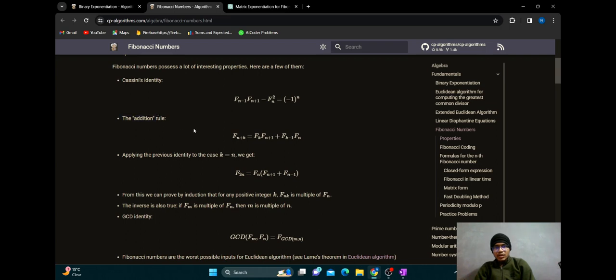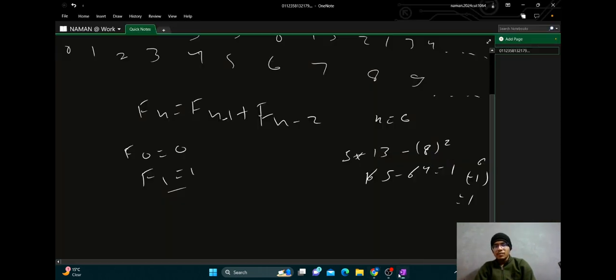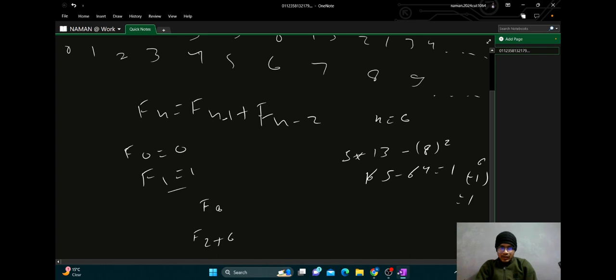Second is the addition rule. The addition rule states that f of n plus k equal to f of k times f of n plus 1 plus f of k minus 1 times f of n. It is another formula for calculating the nth Fibonacci number. For example, if we have to calculate f of 8, 8 can be broken into many parts. Let's break it into 2 plus 6, where this is n and this is k.